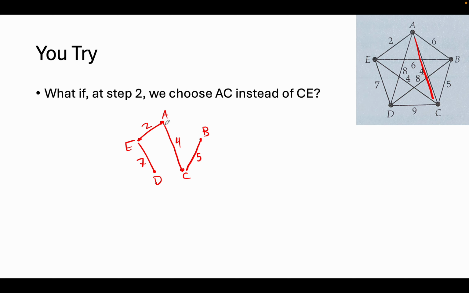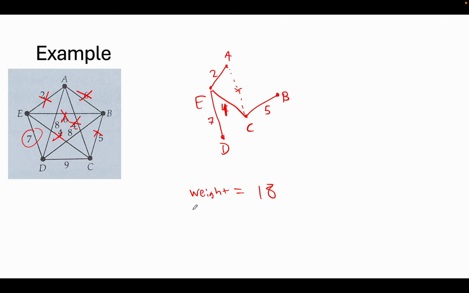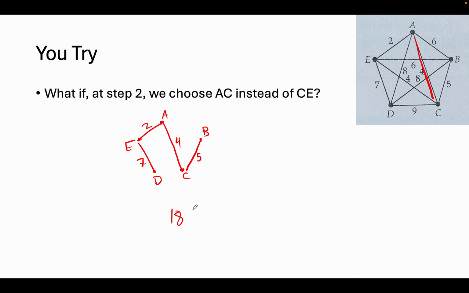Let's see the weight. So 2 plus 4 is 6, plus 5 is 11, plus 7 is 18, which is the same. So great. And so what does this tell us? We found 2 minimum spanning trees that have the same weight, but they're different.